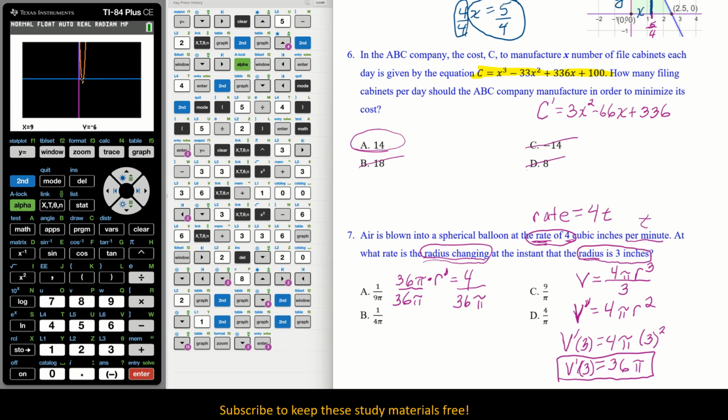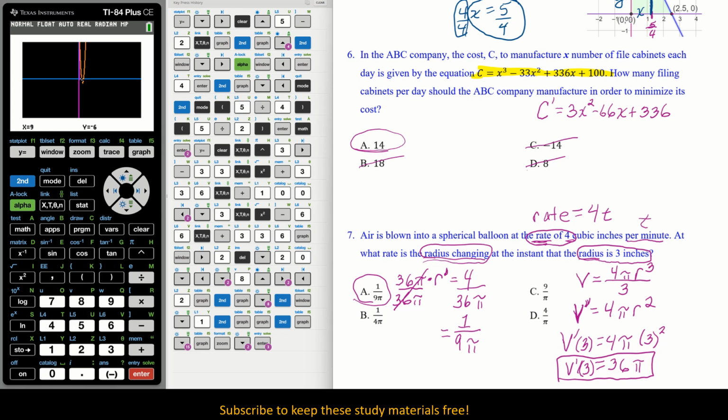This cancels out and simplifies to 1 over 9 pi. In this situation we couldn't pop that into the calculator to get our final solution, because the values are in terms of pi and not decimals. So obviously what we need is option A.